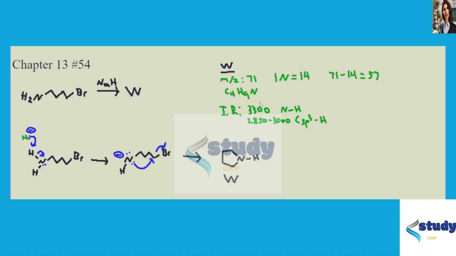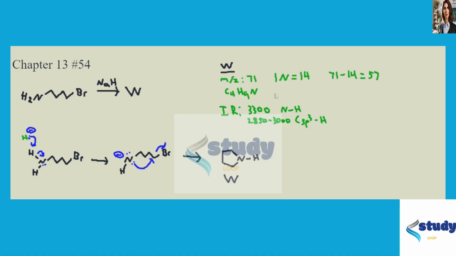And then looking at the IR, we only really have 2 peaks in the IR, one at about 3,300, which corresponds to a nitrogen-hydrogen bond, and one in between 2850 and 3000. And that, of course, is our sp3 hybridized carbon, and those carbons bound to their hydrogens.